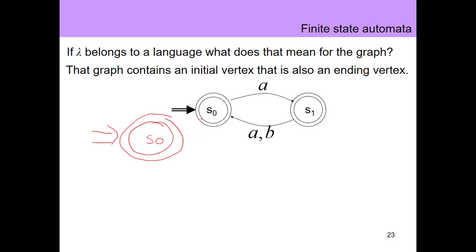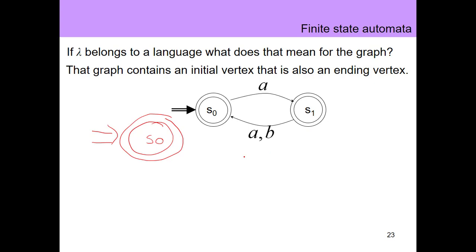If we look at this one here, we have S0, we take an A, we go to S1, and we can go back again to S0 with either A or B. Now we see an entry point, an initial state which is also an ending state, so lambda is part of this language, and we see another state which is also a possibility.